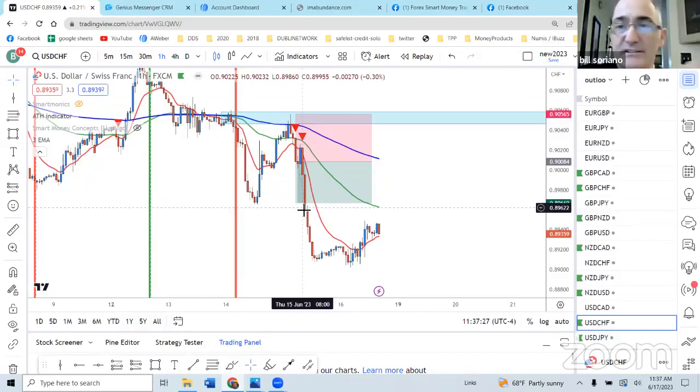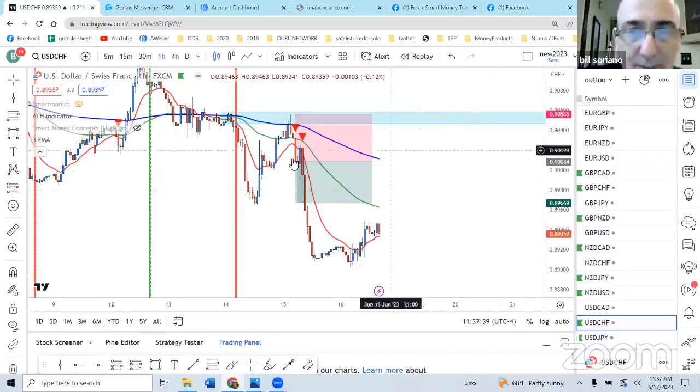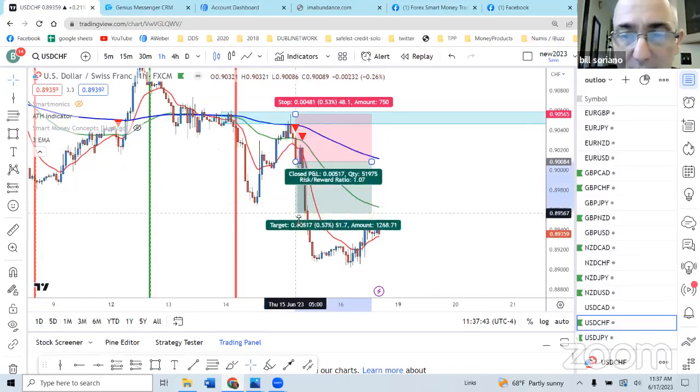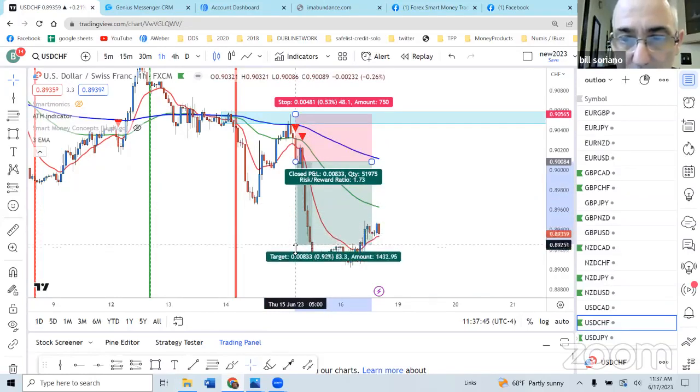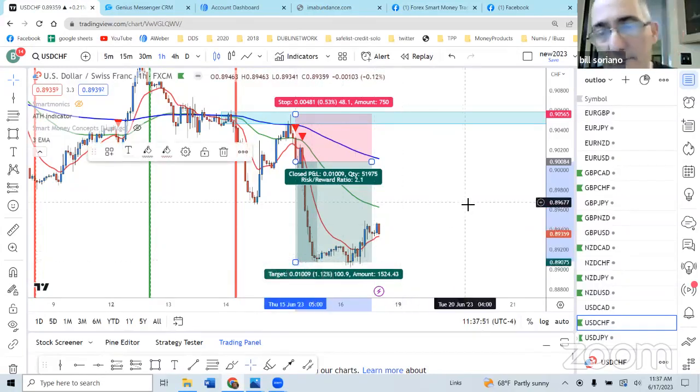So you're just adjusting your position size. So it doesn't matter if your risk is 10 pips or 50 pips, the dollar amount's always the same, and the dollar amount you gain is always the same as well. It doesn't matter, even with the 50 pip risk, right? We get a 1 to 2 all the way right down here.